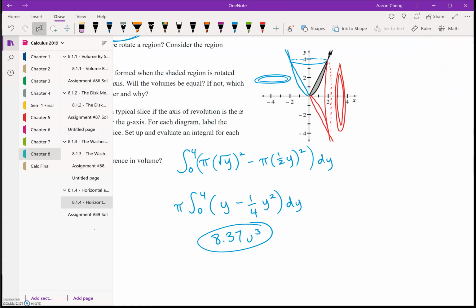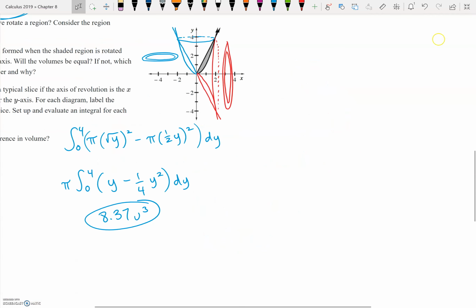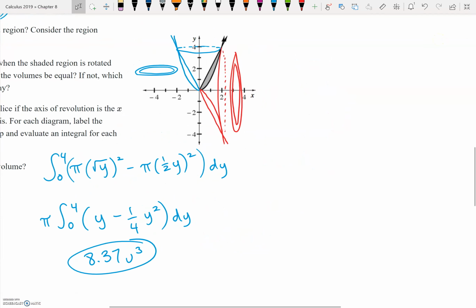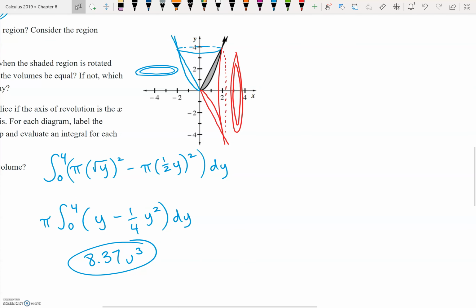Now we're going to go ahead and evaluate the red one. I want you to go ahead and pause it and try doing this one yourself, considering the problem that we did above. So I'm going to let you pause it right now. Okay, hopefully you had an opportunity to try. We are going to go from 0 to 2 this time because this is going to be our distance horizontally.